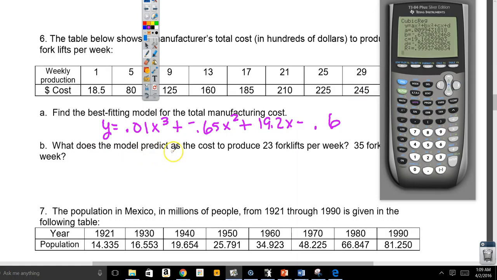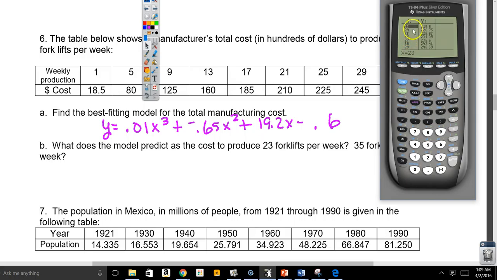Okay. What does the model predict as the cost to produce 23 forklifts per week? So weekly production, 23, we're going to interpolate, so we can do that with our calculator by finding x equals 23. So I'm going to go here to get there quicker.